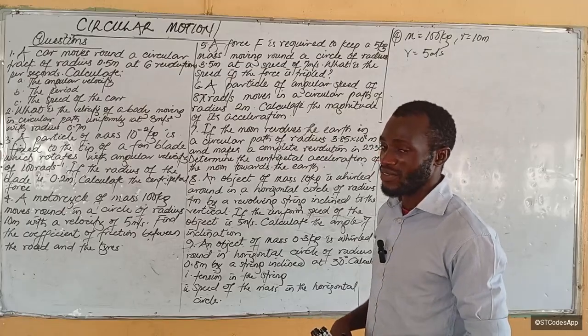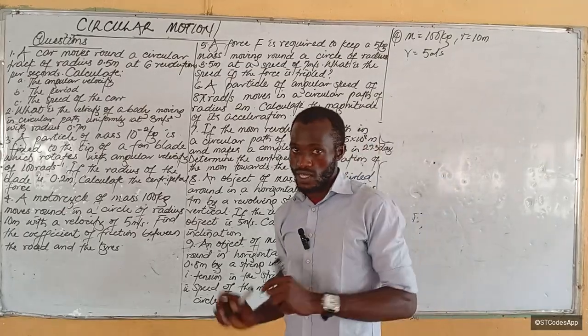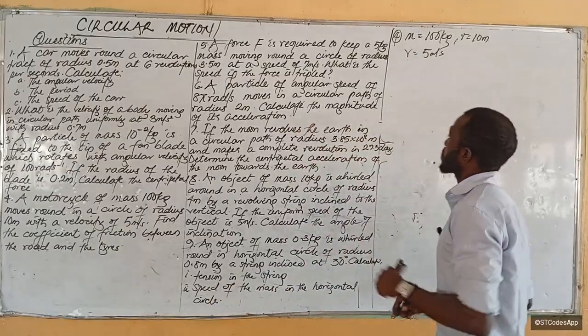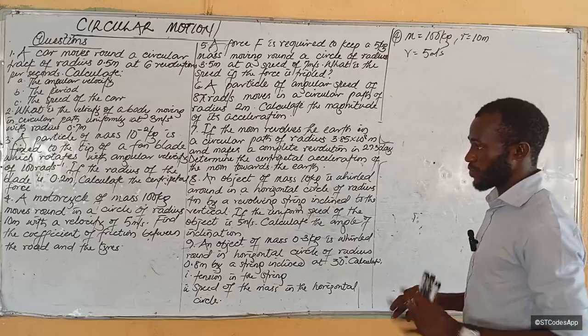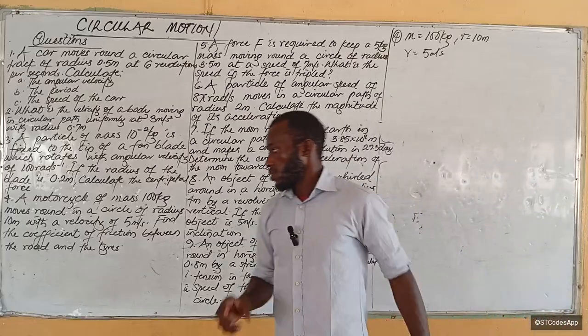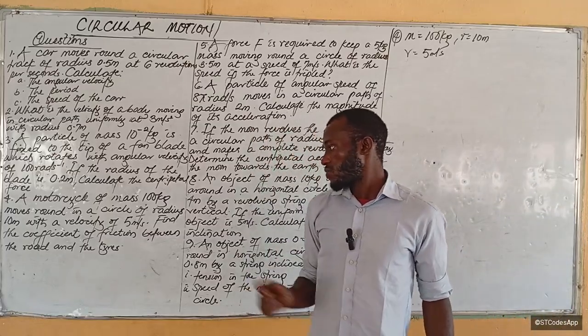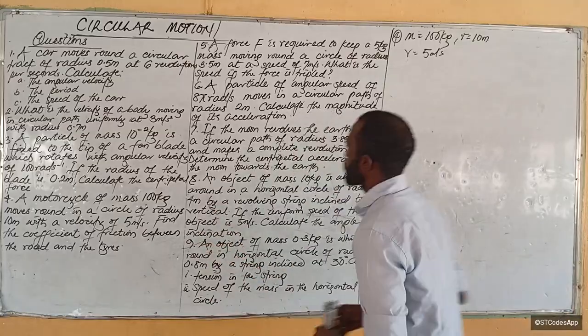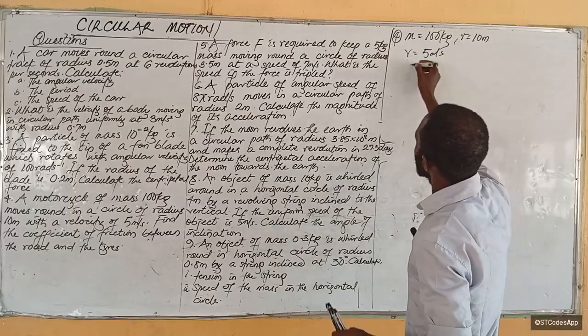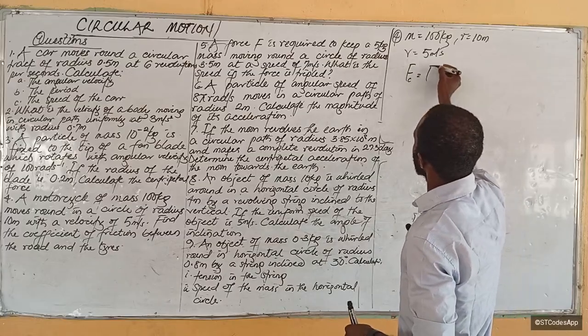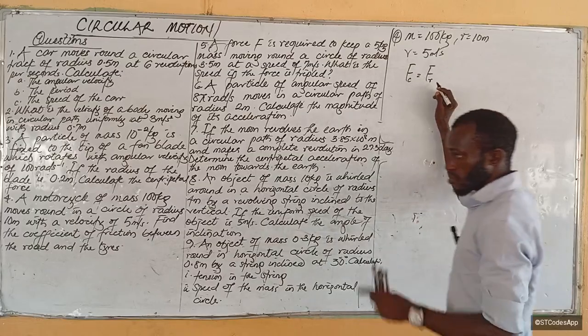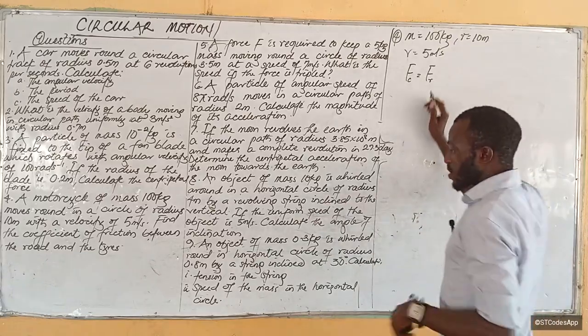Okay, so it's quite different. Now, I've not shown you this. Find the coefficient of friction. The centripetal force is going to be equal to the frictional force on the tire.